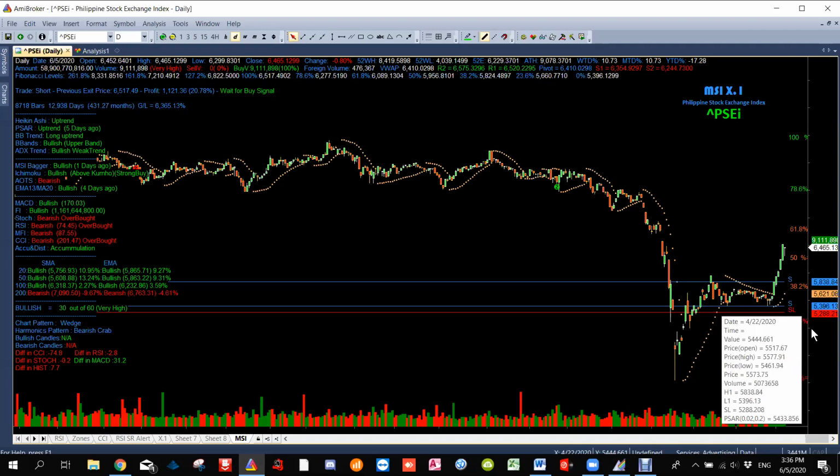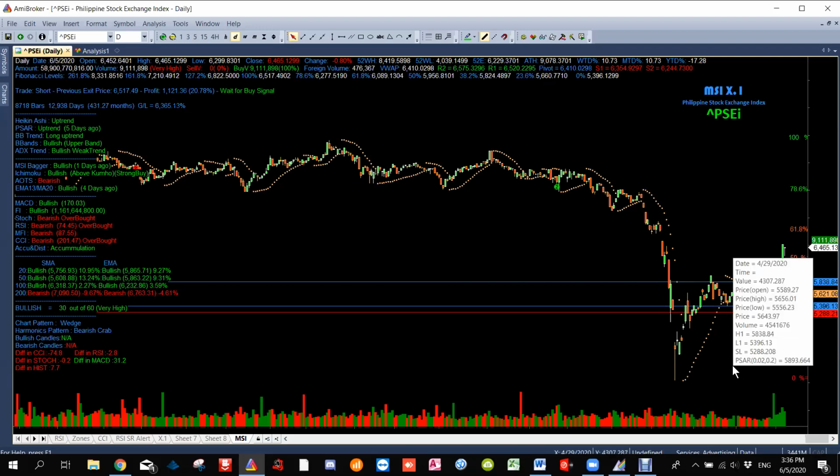So parang it's a sort of a crossover ng price at ng parabolic SAR. No? So as you can see here, sorry, baliktad. Pag nasa ilalim yung mga dots, yun yung bullish trend. Pag nasa ibabaw is bearish.